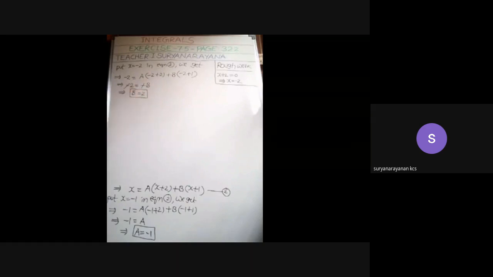Found the value of B also. We found here the value of A, that is minus 1. Here we found the value of B, that is B is equal to 2. Now we substitute these two values. By substituting these two values, A is equal to minus 1, B is equal to 2, in the equation 1. We substitute these two values in the equation 1.